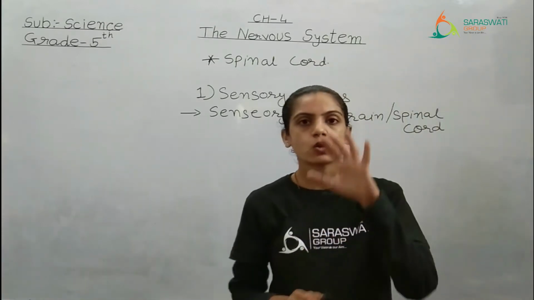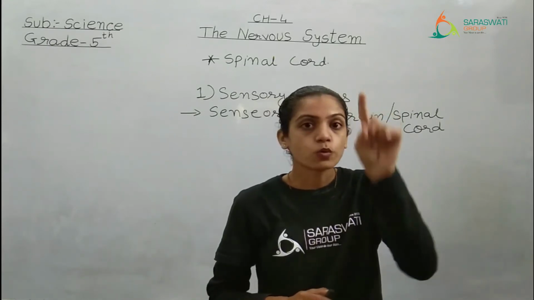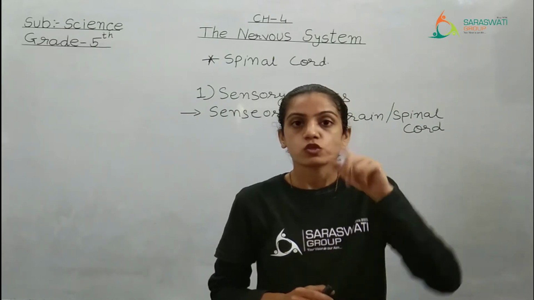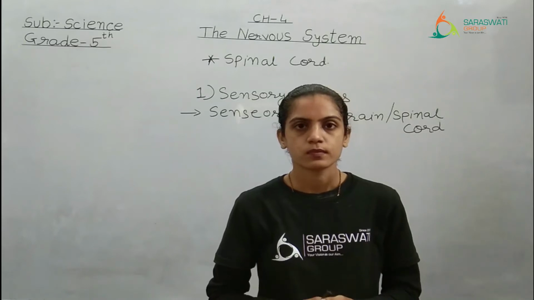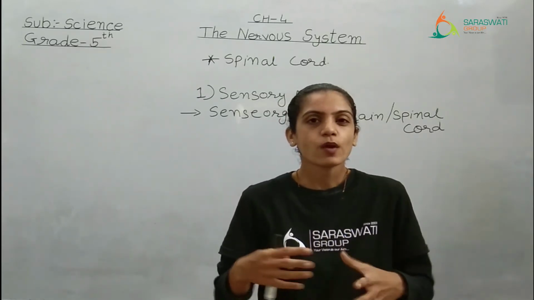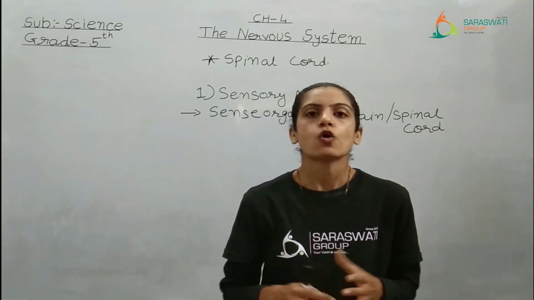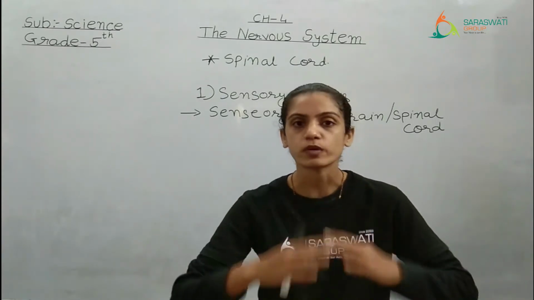Right? Suppose you are looking at a person. You will start recalling who that person is. Immediately you will identify. So how can you see that person? Because of your eye. Something good is cooking at your home. How can you identify? Due to smell. Right? So brain or spinal cord will give the answer to your question.